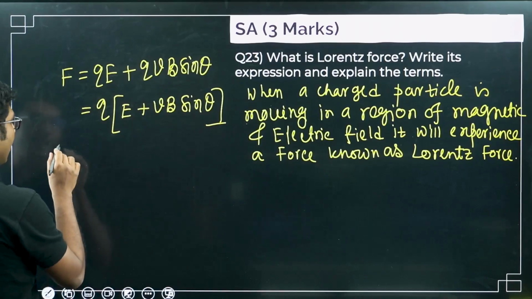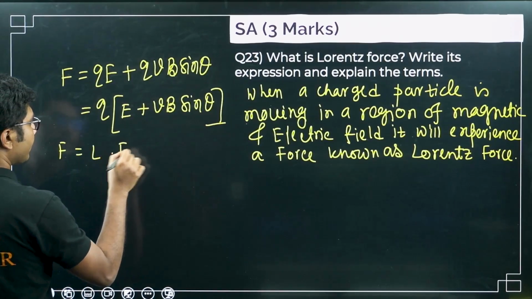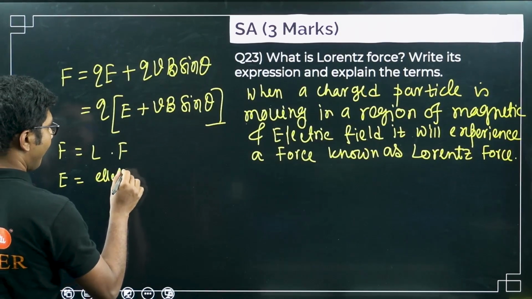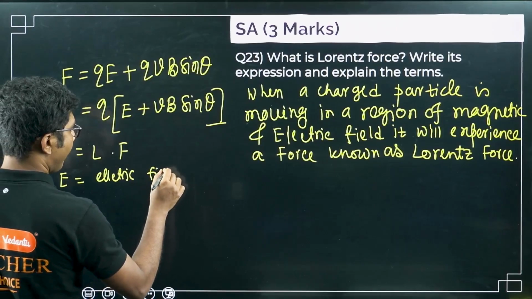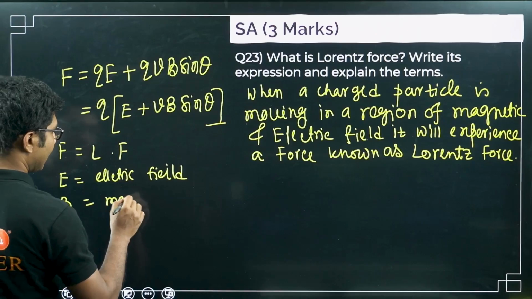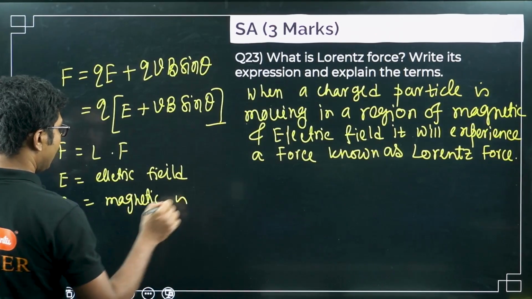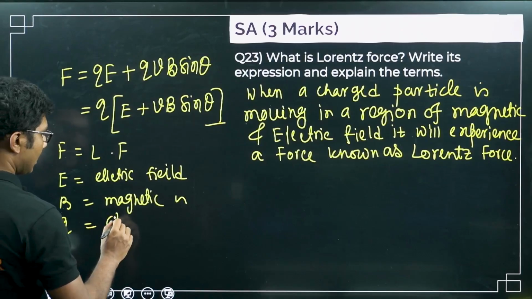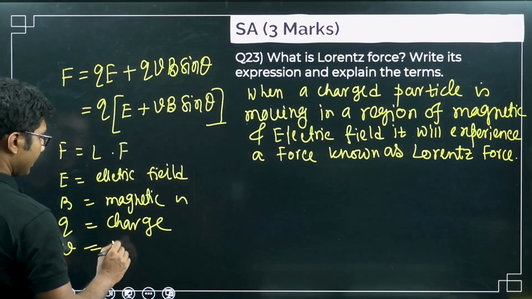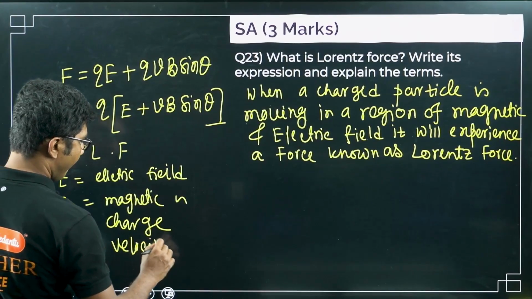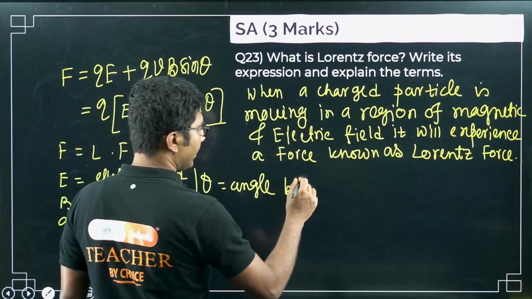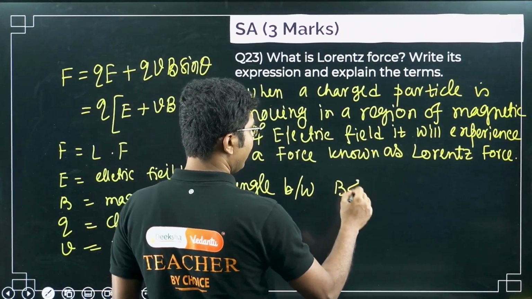Here you have to mention F is Lorentz force, E is electric field, B is magnetic field, q is charge, and v is velocity, theta is the angle between B and v.